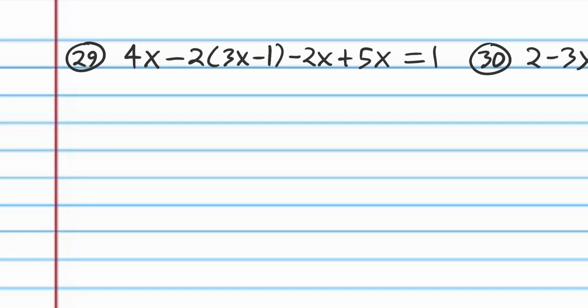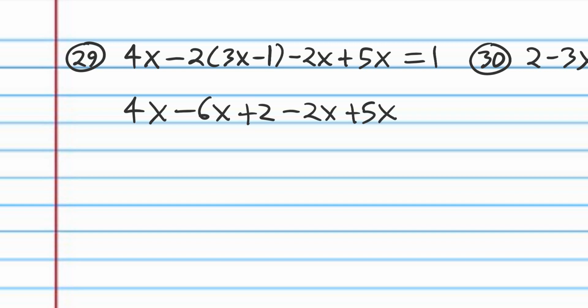All right, we're back. Combine all those x's. 4x minus 6x is negative 2x. Negative 2x minus 2x is negative 4x. Negative 4x plus 5x is x.